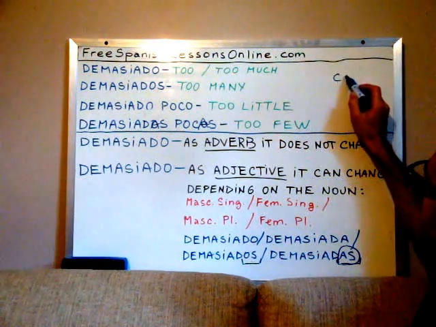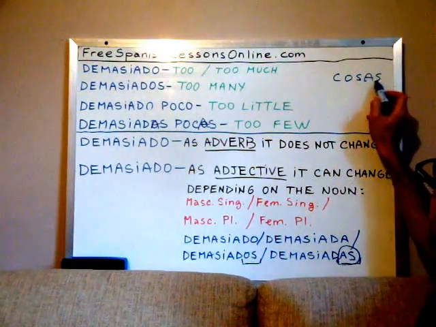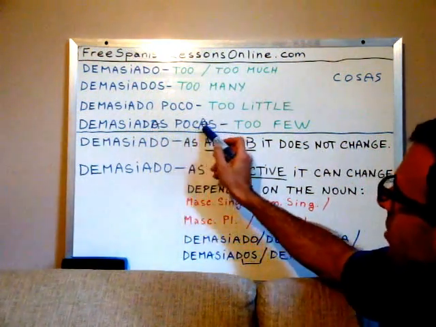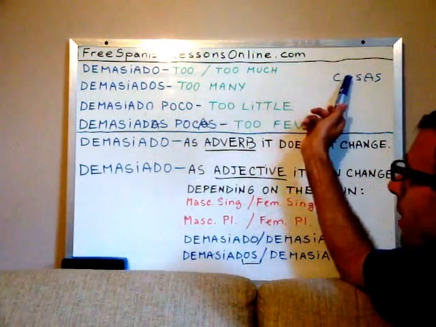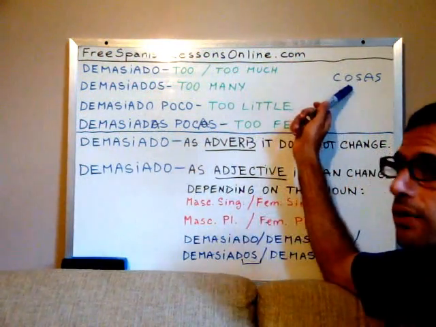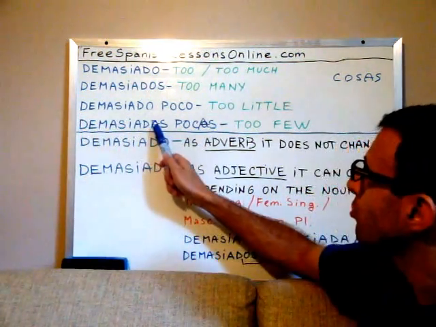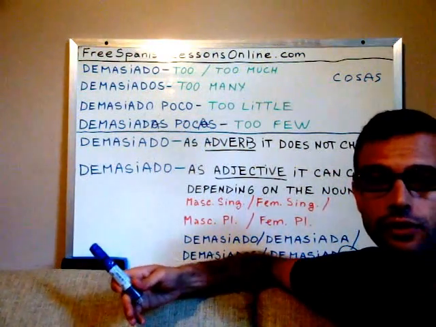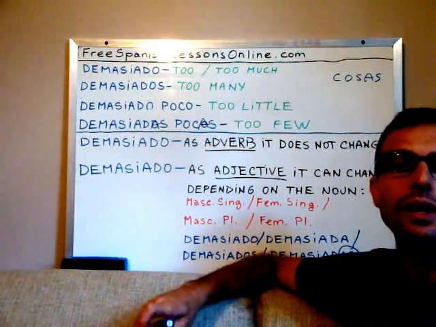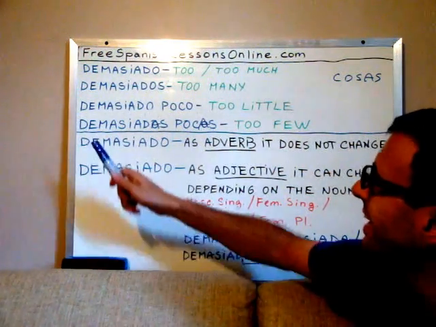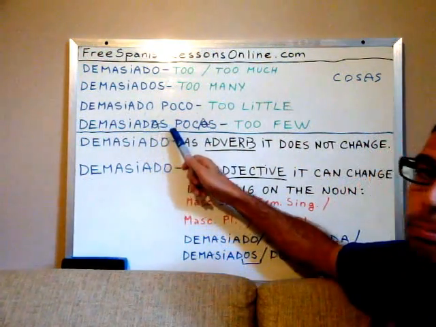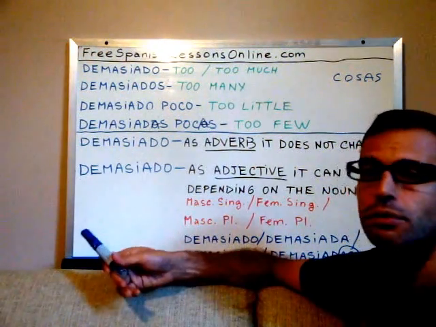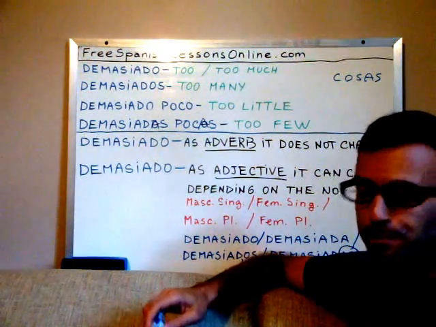Things, or cosas in Spanish, is a feminine noun, right? So this would change to A, referring to the feminine noun. If the noun were masculine, it would be demasiados pocos objetos. For example, the word for object in Spanish, objetos, is masculine. Then I would say demasiados pocos objetos, too few objects, okay?